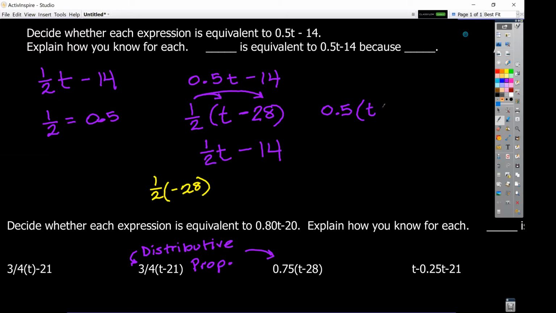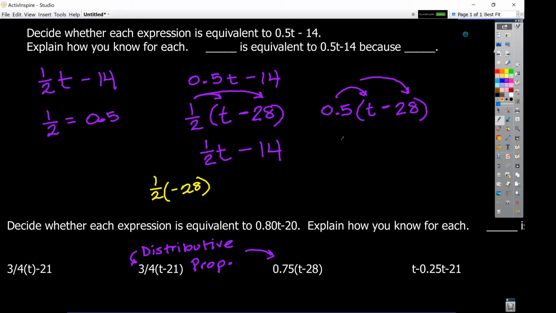So if our expression looked like this, 0.5 times, in parentheses, t and then negative 28, you would distribute the 0.5 to the t and to the negative 28.